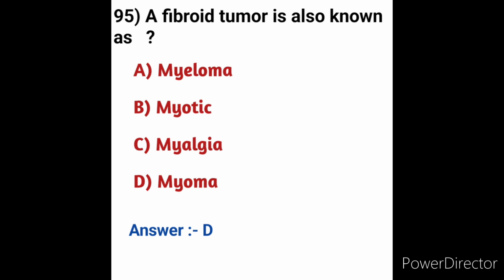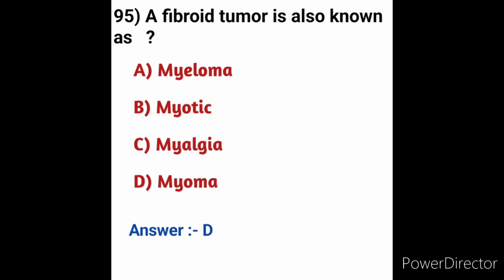Myeloma is a cancer that forms in a type of white blood cell called plasma cells, which means it is a blood disorder. Option B, myotic, is an eye disorder. Contraction of the pupil of the eye is called myotic.